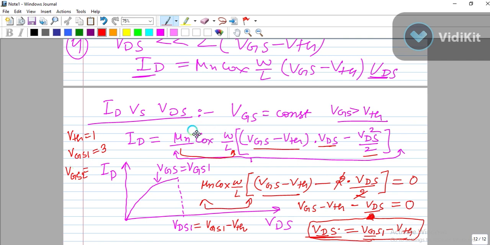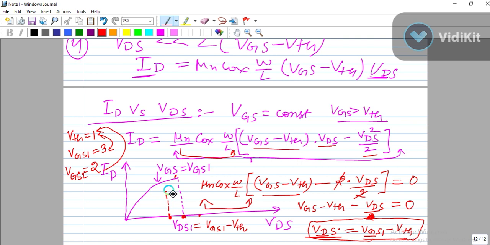Let's consider it is 2. Now where will the maximum point come, here or on the right side? It will be on the left side, because if you subtract, 2 minus 1 will become 1, so it will go on the left side.